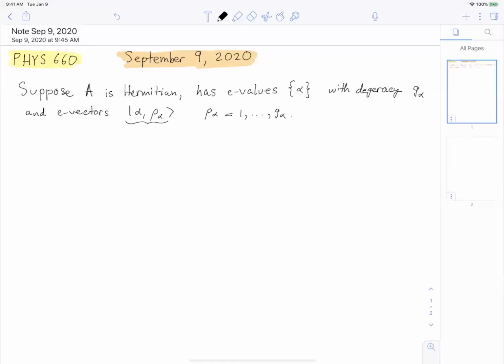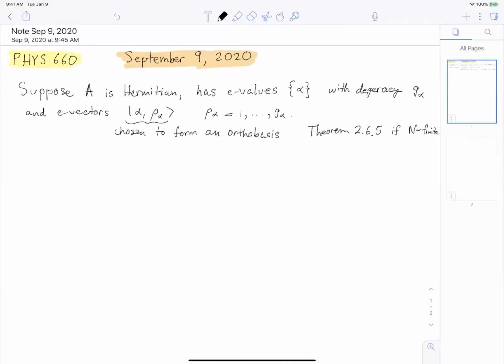Okay, and these are going to be chosen to be an orthobasis. The reason we know that's possible, at least if n is finite, is because we had a theorem that in the notes is called 2.6.5. I'm not giving them numbers in lectures. That theorem guaranteed that they could be chosen to form an orthobasis if the dimension of the Hilbert space is finite.